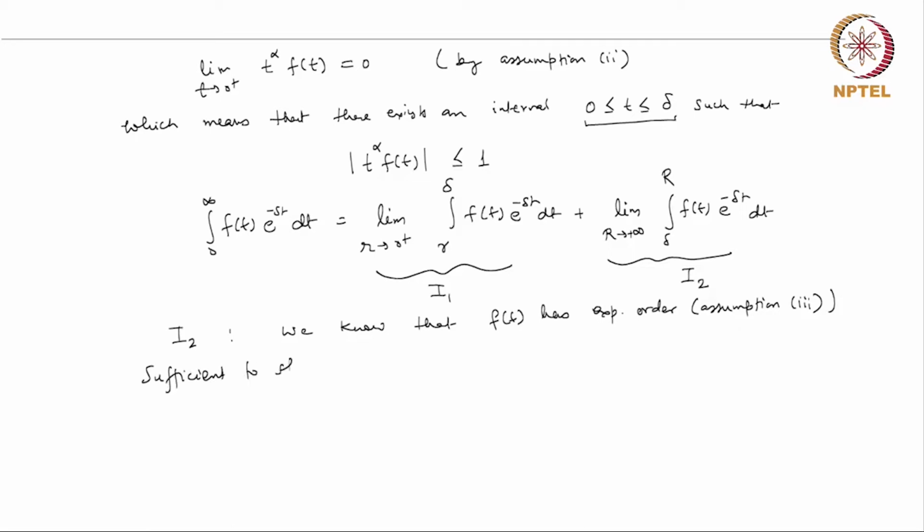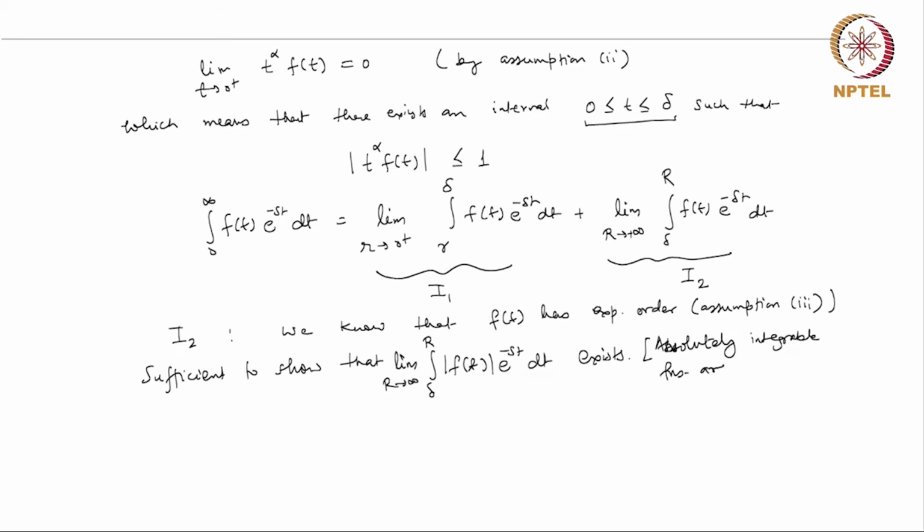to show that the limit as r tends to infinity of the integral from delta to r of the modulus of f(t) e to the power minus st dt exists. This is because absolutely integrable functions are integrable in the improper Riemann integral sense.